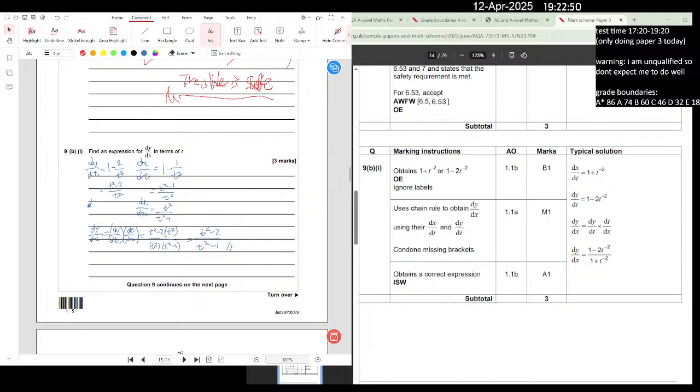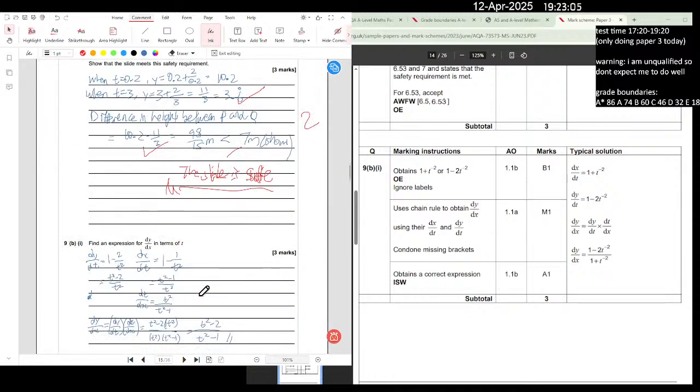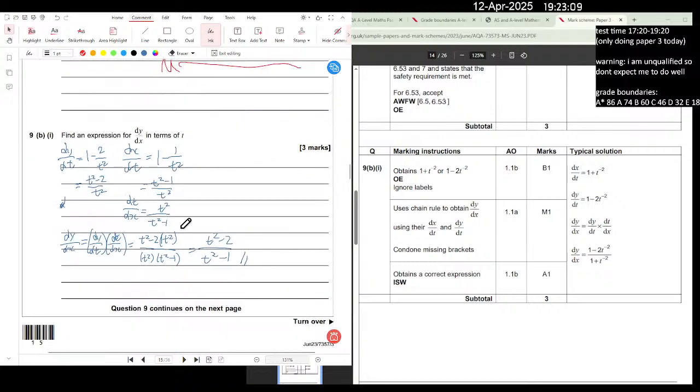Ooh. Wait, I'm pretty sure my answer is still right. Or is it not right? Oh crap, did I make a mistake? Oh yeah, I did make a mistake. This should be plus 1 plus 1 over t squared. But the rest is still right. But that means this is not a correct expression.